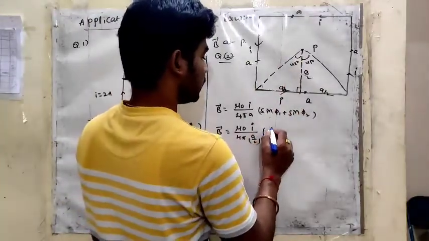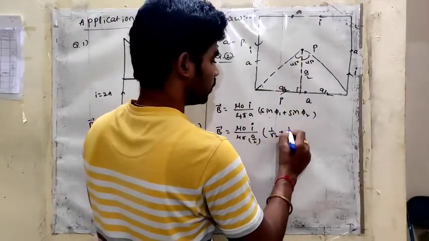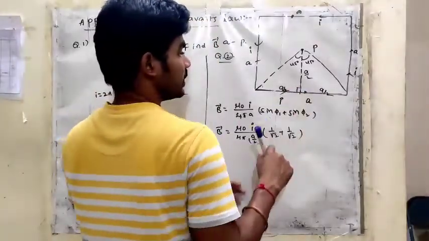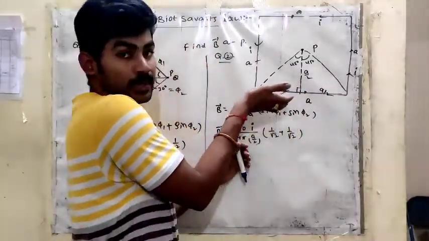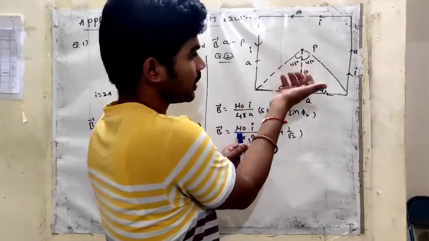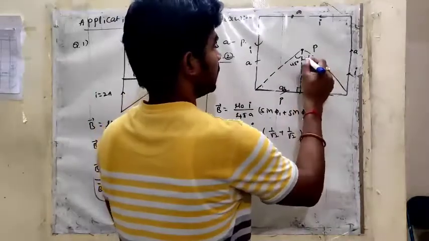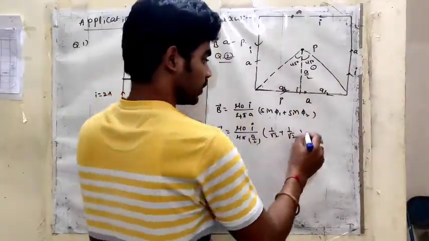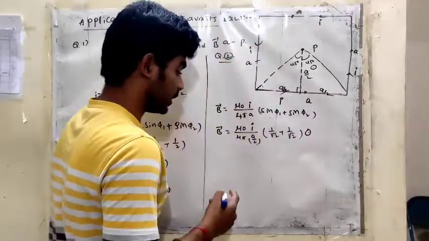So sine 45 value is 1 by root 2 and sine 45 value is 1 by root 2. Is this inside the magnetic field or outside the magnetic field? Which side is the current flowing? That side only you can keep the finger. So this is outside the magnetic field.